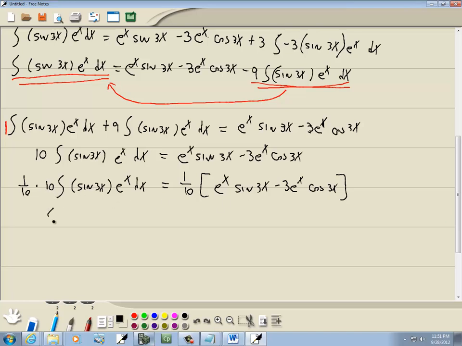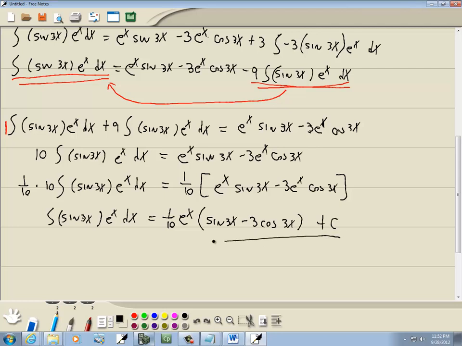Those 10s cancel, and we got the integral of sine 3x e to the x dx is equal to, and you could factor out the e to the x if you wanted to, and then that'd leave us sine 3x minus 3 cosine 3x, and I'll put a plus C on here at the end, but that would give us our answer.